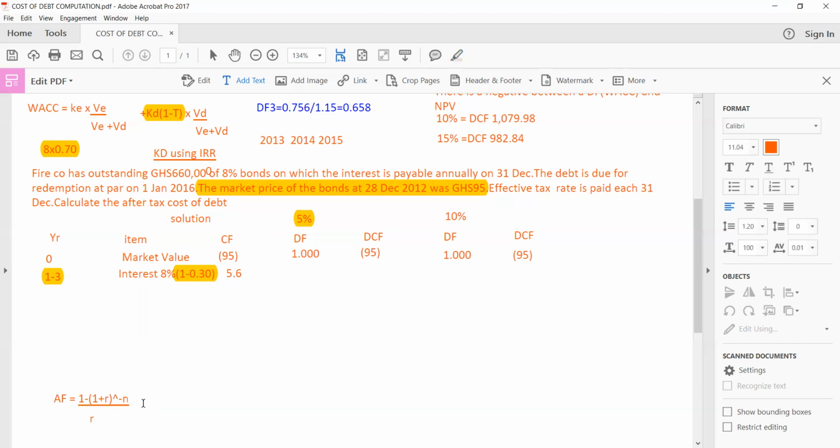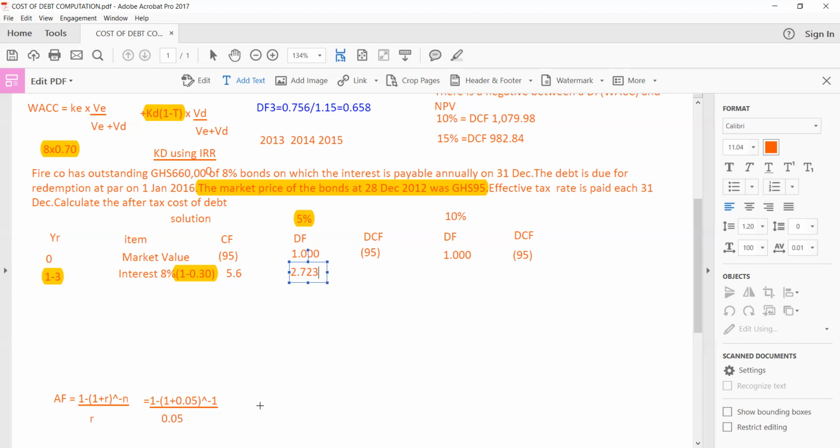Over here, the annuity factor at 5% for 3 years will be 1 minus, into bracket, 1 plus 0.05, to the power minus 3, then I divide by the r, and the r here is still 5%, that is 0.05. So what answer am I getting? If I compute it, I'll end up getting 2.723.